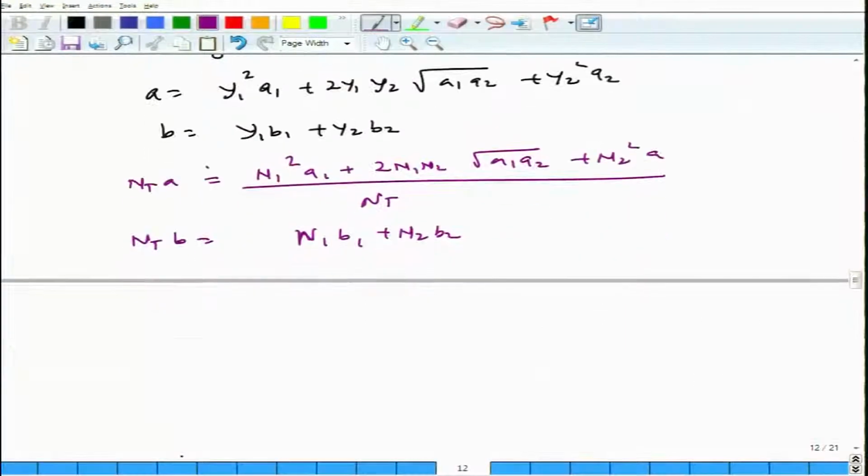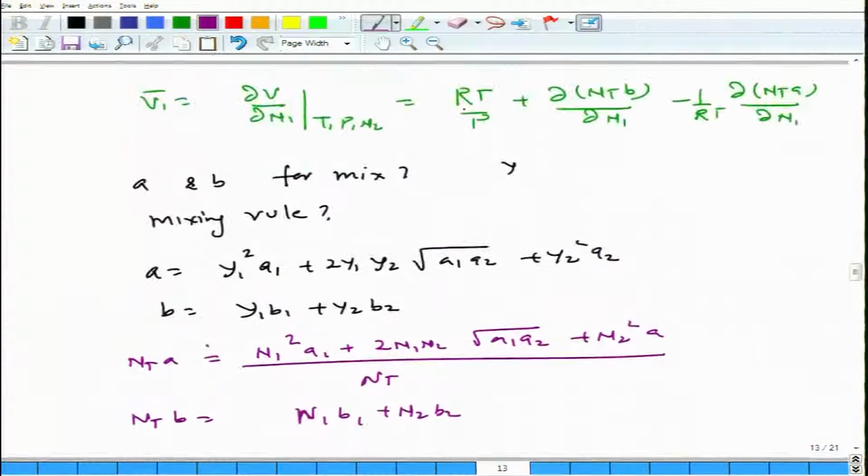Now, you can take the partial derivative because you have this information. So, when you take the partial derivatives, V1 bar is equal to del V by del N1 at T, P, N2. This is nothing but RT by P, okay, and then when you take the derivative with respect to N1, NT B is here, so that is going to be only B1, right.